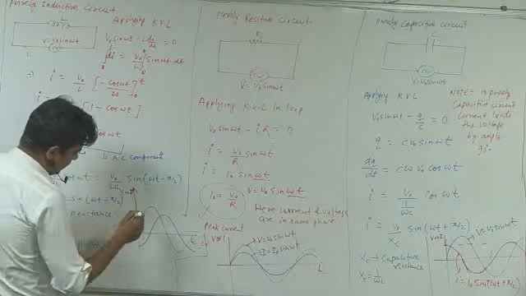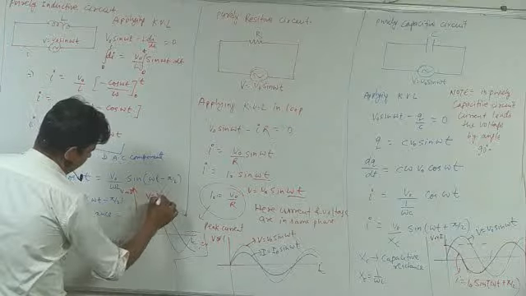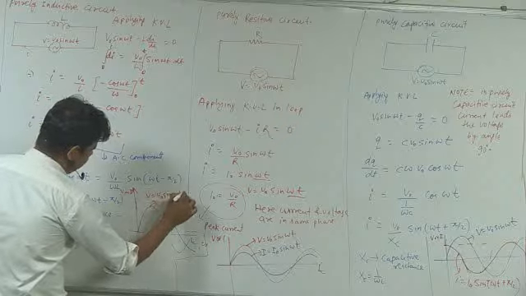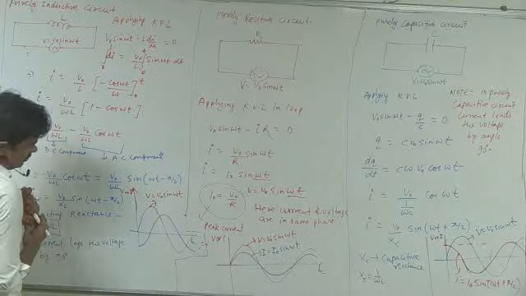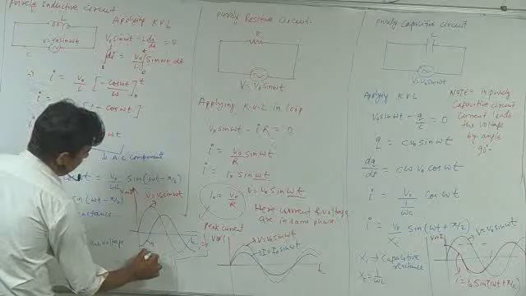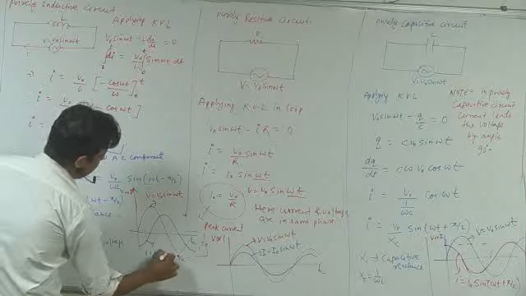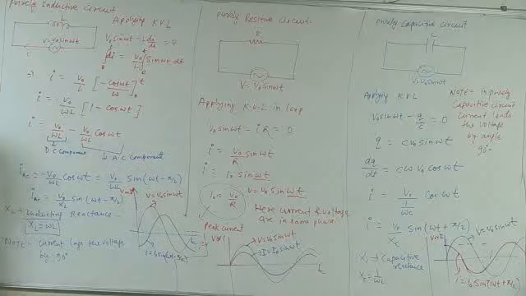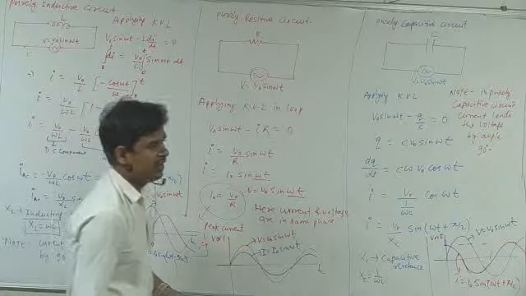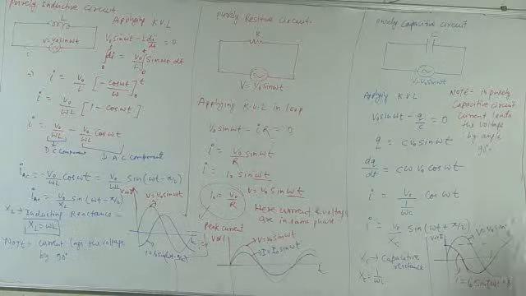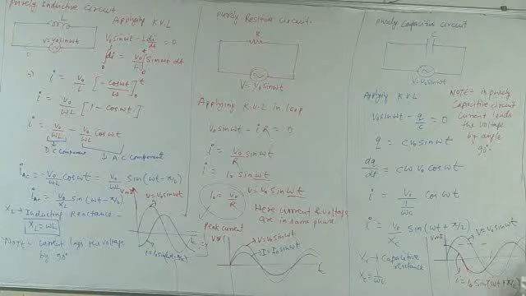So this is V equals V naught sine omega t, and this is I equals I naught sine omega t minus pi by 2. Whatever we have discussed till now, these are the most basic things.